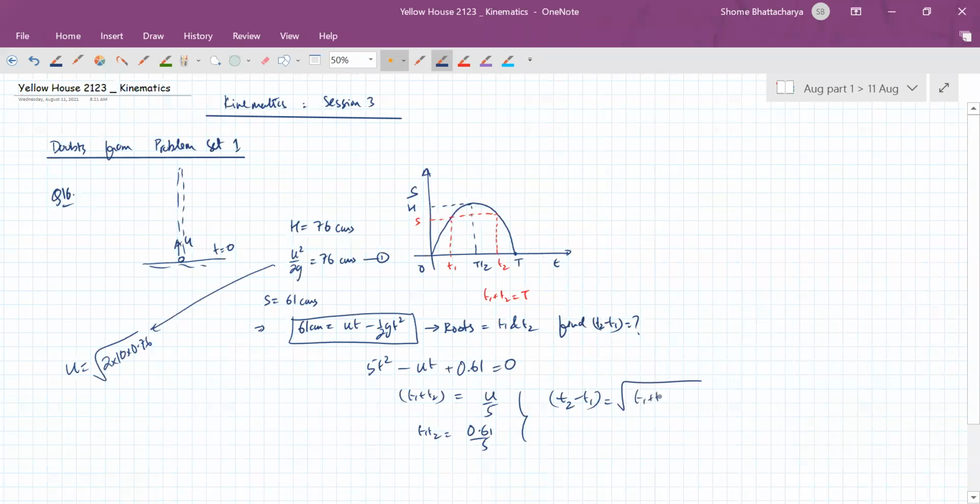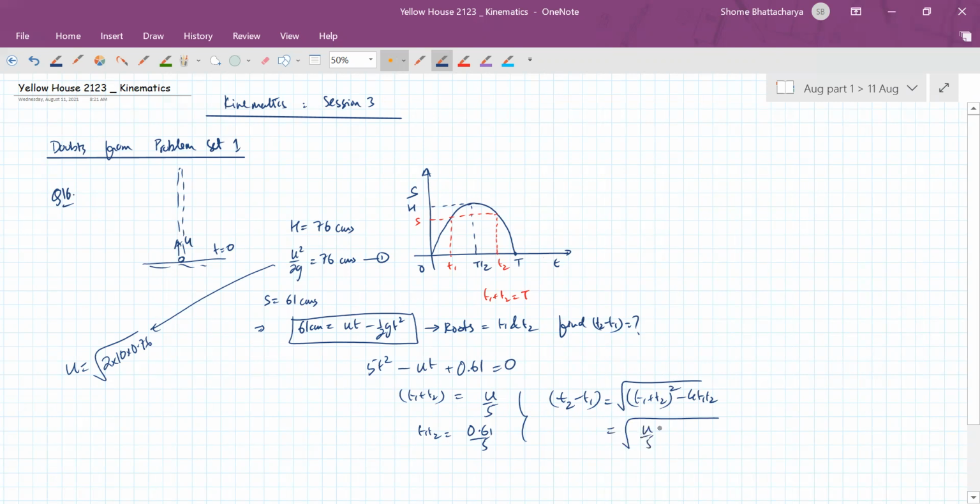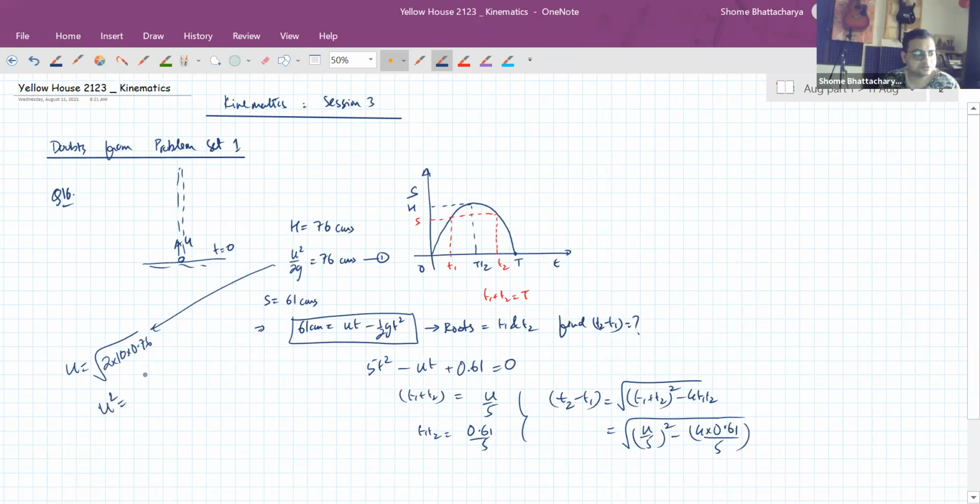Okay, so the difference of the roots, you don't know, sum and product, you know. You can find the difference from the sum and product, right? So from here directly you can substitute the value of u square.